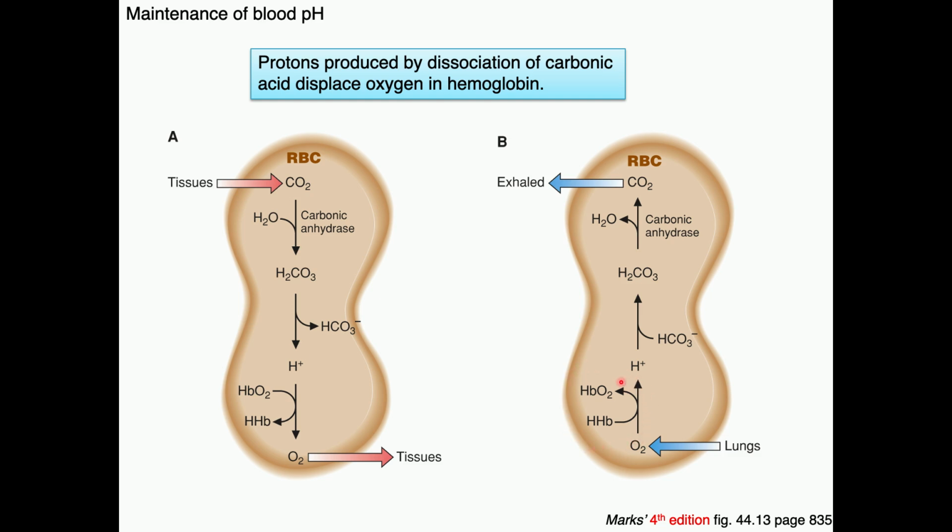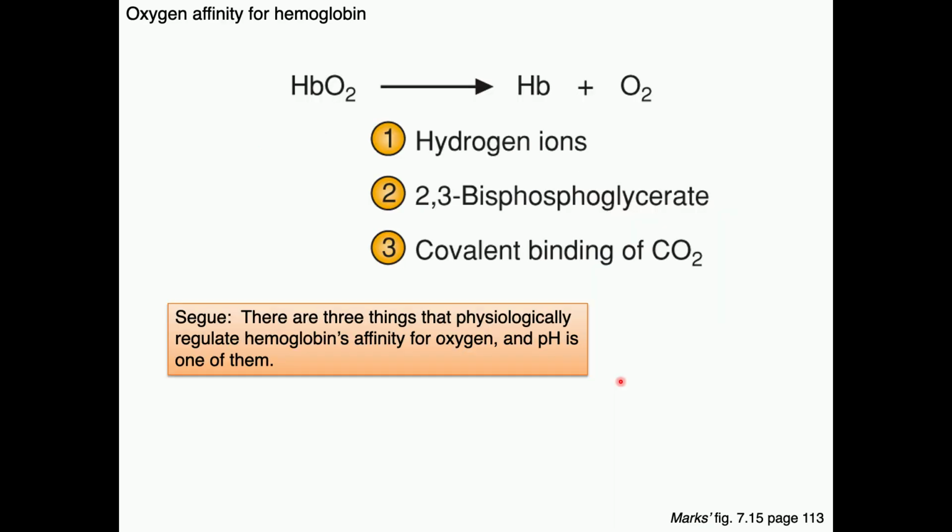And the idea here, that Bohr effect that we talked about, is one of the things that will alter hemoglobin's affinity for oxygen. The concentration of protons, or the pH of the environment, is one of the things that regulates how tightly oxygen is bound to hemoglobin.